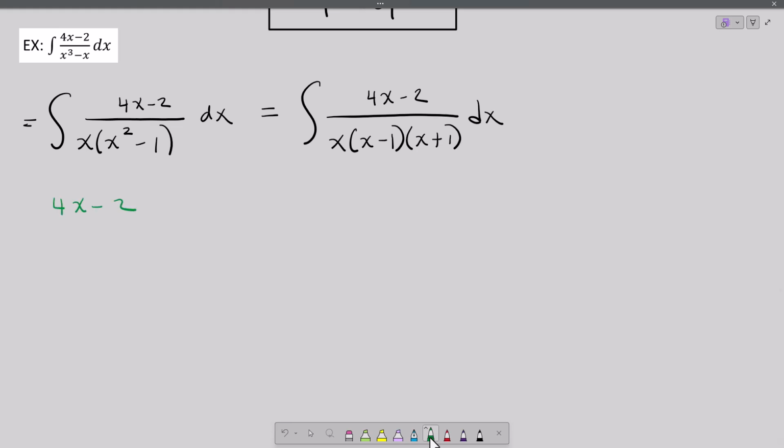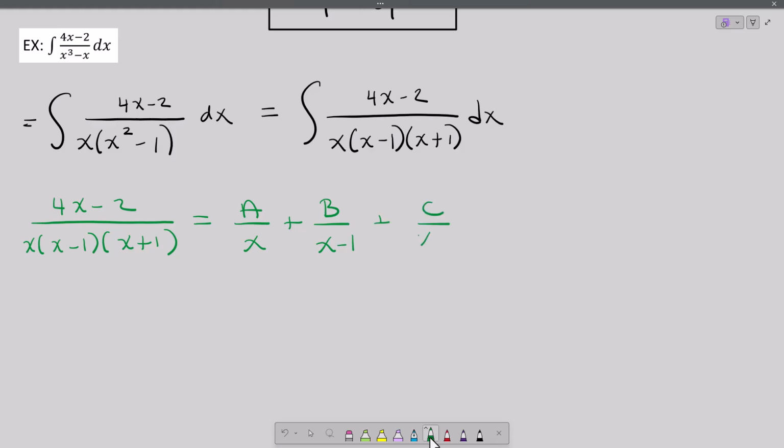We are going to take this integrand and figure out what the form of the decomposition is. The theorem says that when you have all these linears in the denominator, the way you build your form is pretty straightforward. You just put a constant over each one of those. So this is the form of the decomposition. Now we just have to solve for A, B, and C.